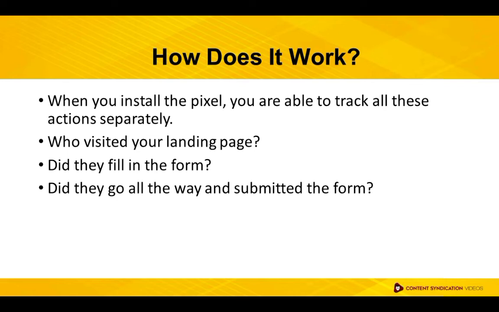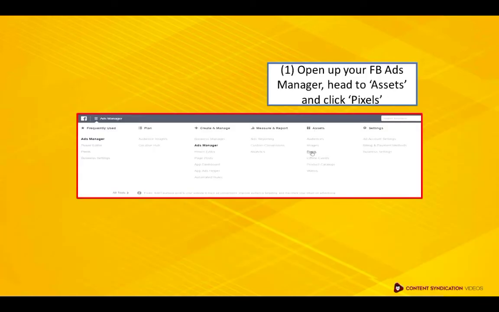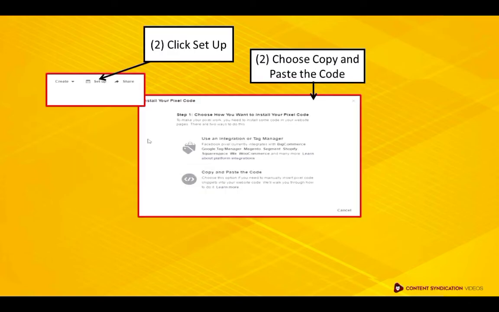So how do you install the Facebook pixel on your landing page? Let me walk you through the steps. First, you need to open your Facebook Ads Manager account. Then on the top left, you click on the Ads Manager where you'll be directed to several options. You just need to go to Assets, and then further down, you're able to spot the Pixels option. Click on Pixels. On the next page, you click on Setup, which is at the right-hand corner of the page.